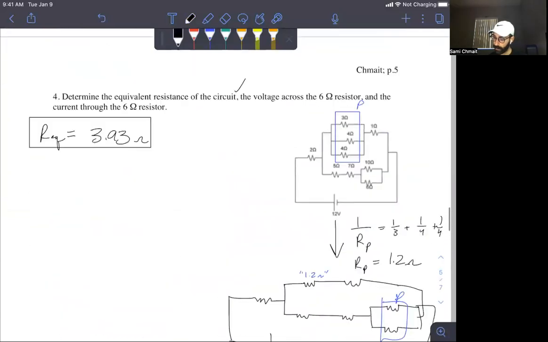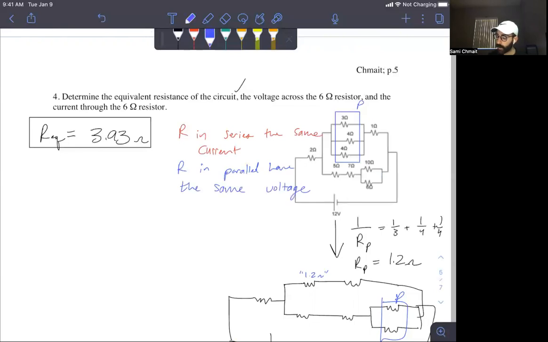I'm going to say resistors in series have the same current, and then resistors in parallel have the same voltage. Okay, so that's confusing. I and then V here.